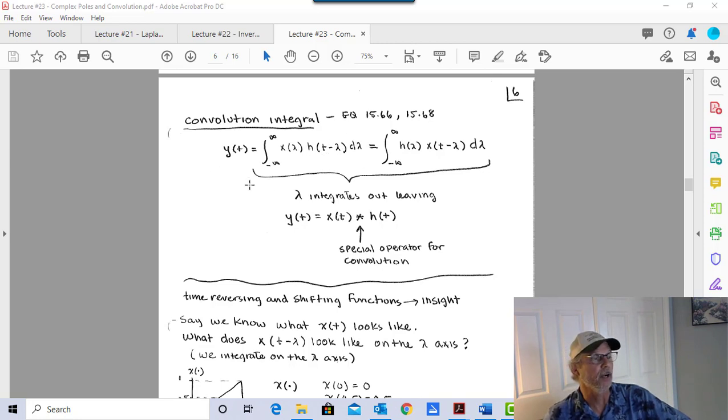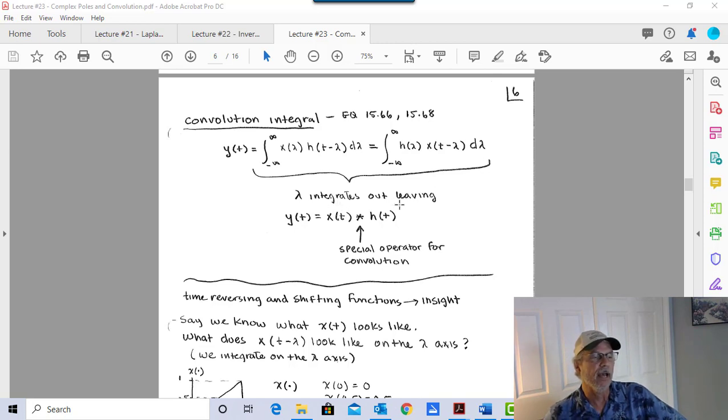So a lot going on in this integral. We are going to convolve two functions, x of t and h of t, and we're going to create this integral to do it. We're going to create this dummy axis of integration, which is called lambda, and we can show it this way, or we can reverse the functions around and say it's h of lambda times x of t minus lambda, d lambda.